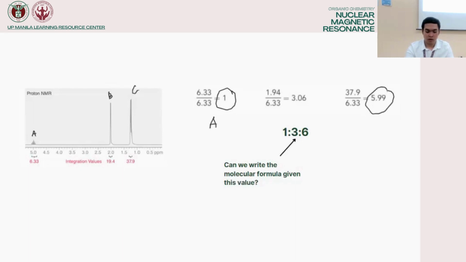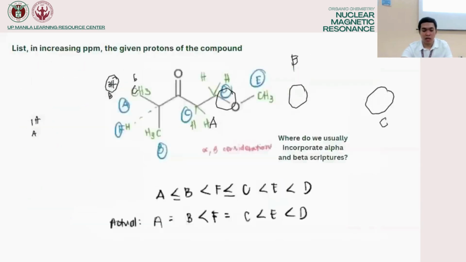This is for B. So when we write it, 1 pertains to 1 hydrogen, this is 3, and this is 6. Some NMR spectra have no H written. If you see the number 3 on top, that's the integration number. So let's go back to the ethyl.